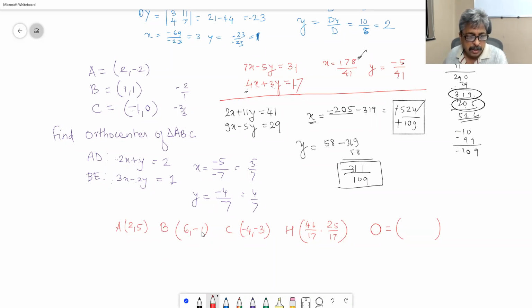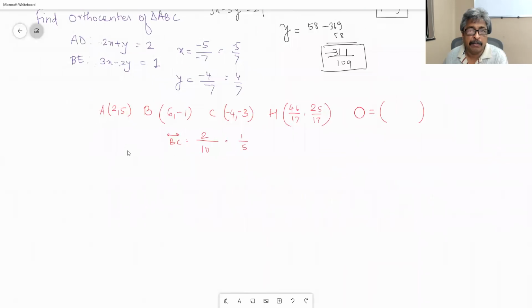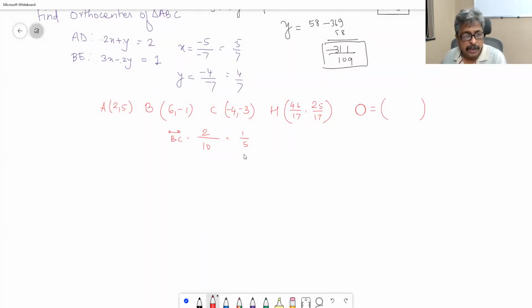What is the slope of BC? It is (-1 + 3) upon (6 + 4), that is 2 upon 10, which is 1/5. Therefore, the slope of the perpendicular bisector of BC is -5. Therefore, the equation will look like 5x + y = something, and it will pass through the midpoint of BC, which is (1, -2).